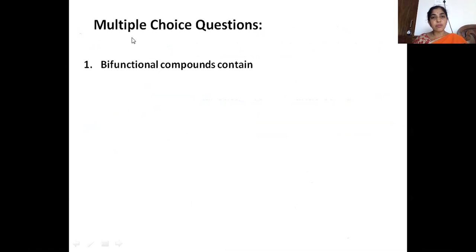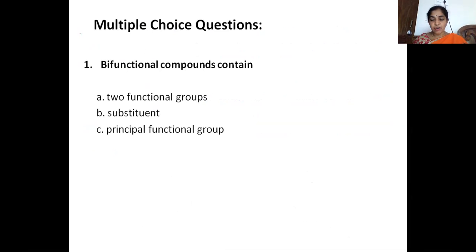Let us pass on to multiple choice questions. Whatever I have covered in this session, the questions will be on that. First question: bifunctional compounds contain, there are four options. Is it two functional groups? Is it a substituent? Is it a principal functional group? Is it all of the above? The answer is all of the above.